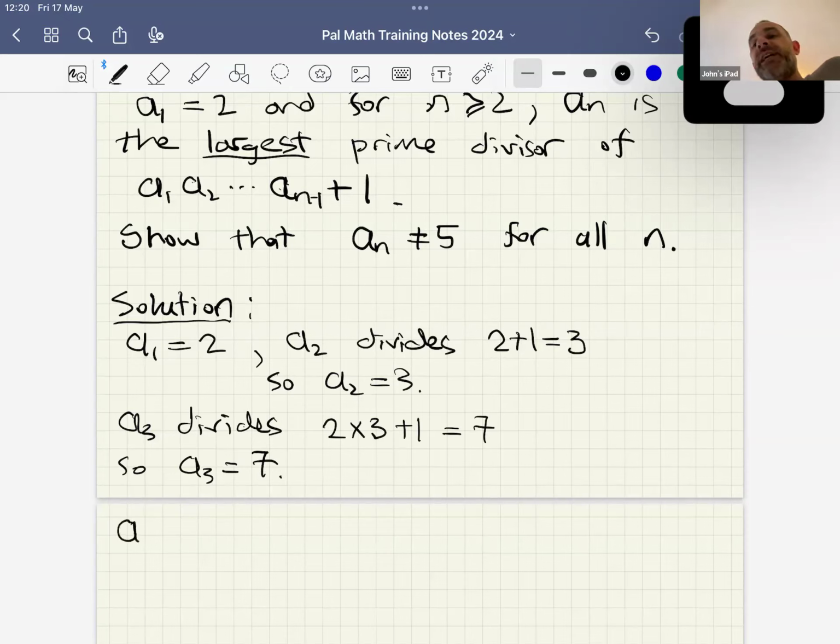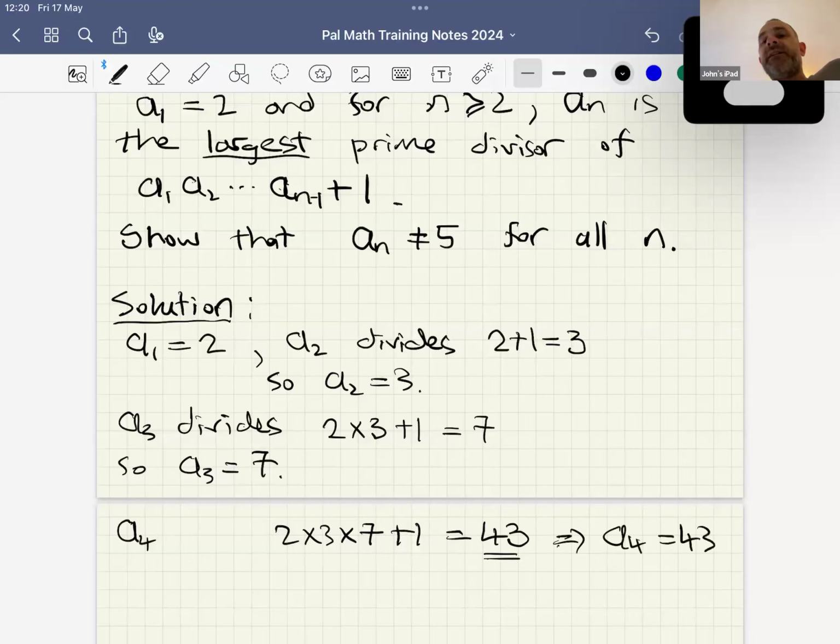If we keep going, for A4, we have to consider 2 times 3 times 7 plus 1, which is 43. You can check that 43 is prime. So A4 equals 43. And for A5, we've got 2 times 3 times 7 times 43 plus 1.